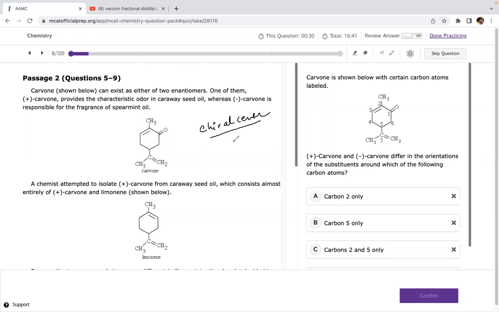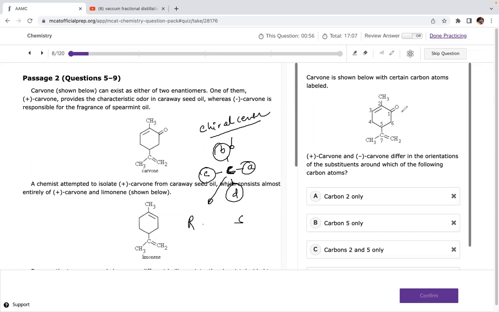What is a chiral center? Any center can be chiral if it has 4 different connectivities. Suppose this carbon has 4 different connectivities. So we can say this carbon is a stereogenic carbon, which means it has 2 orientations. One is R and one is S.